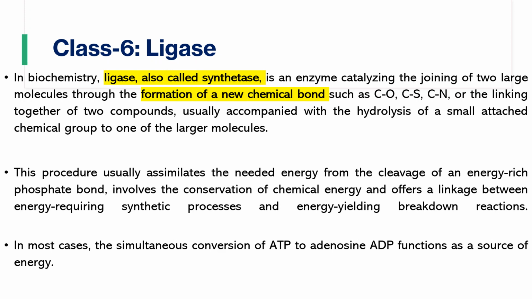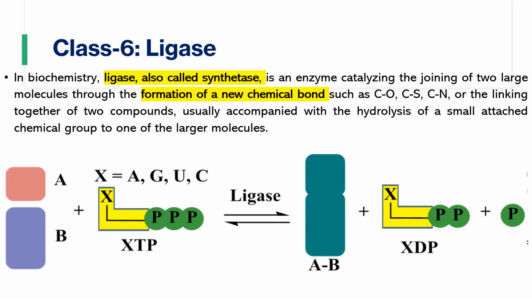In most cases, the simultaneous conversion of ATP to adenosine diphosphate, ADP, functions as the source of energy. In this case, this is the molecule AB, and this is XTP. X means adenosine triphosphate, guanosine triphosphate or cytosine triphosphate. So A and B will be joined together, but this process requires energy for bond formation, and that energy comes from the breakage of this phosphate bond.